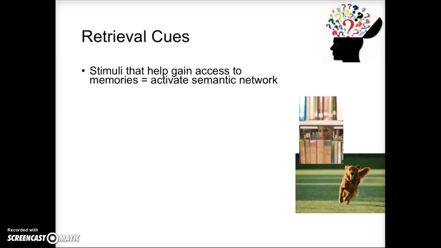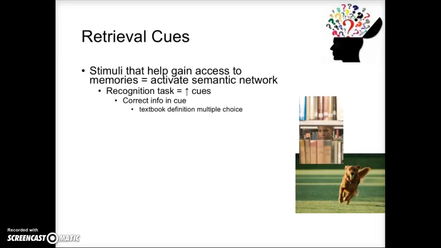We're going to use the example of a college student taking a test to help understand how retrieval cues can impact our memory retrieval. Sometimes in a class, you're given a recognition task to help assess your learning. A recognition task has lots of cues.